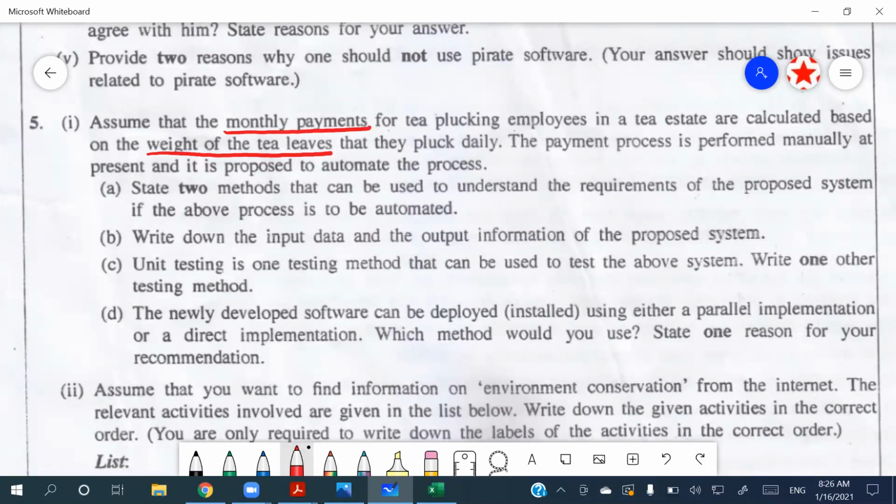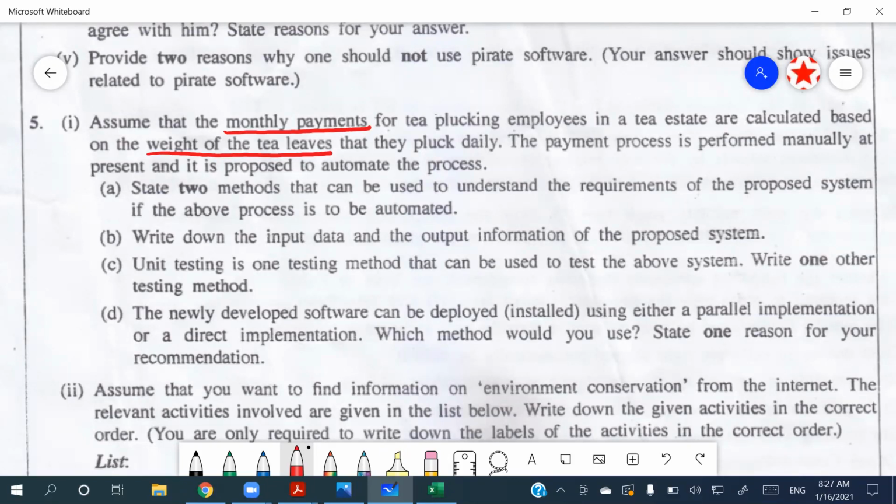So this weight of tea leaves is gathered daily and calculated for a month. It will be much clearer if you say the input is the daily weight of the tea leaves for a period of a month, right?